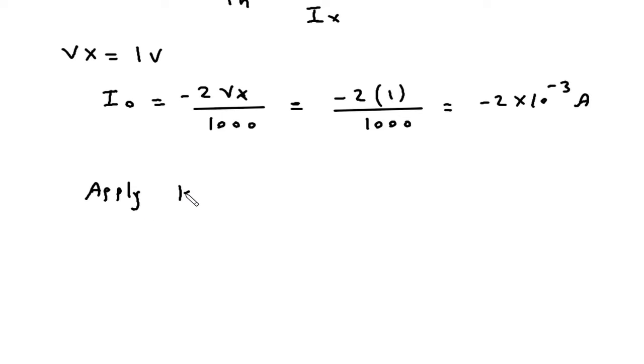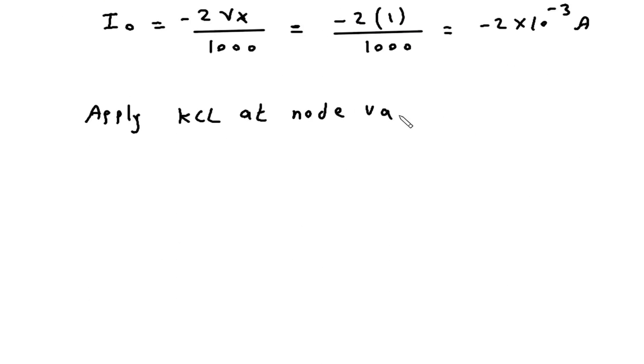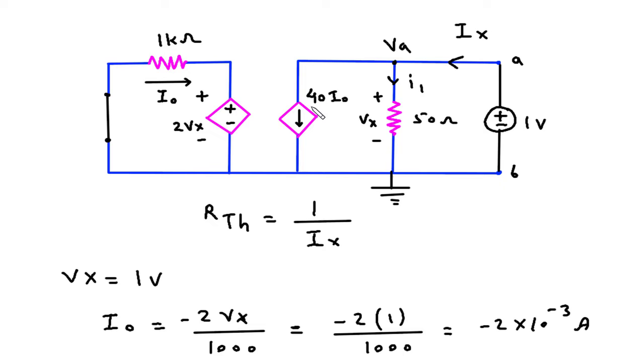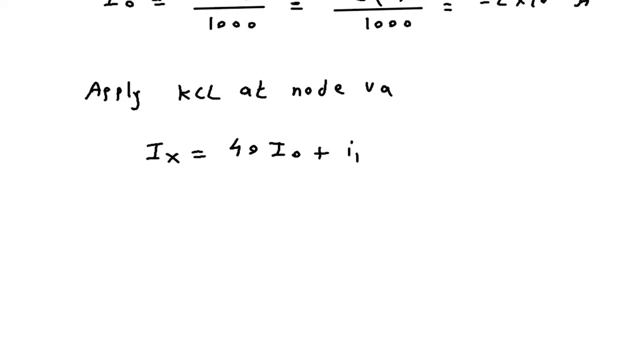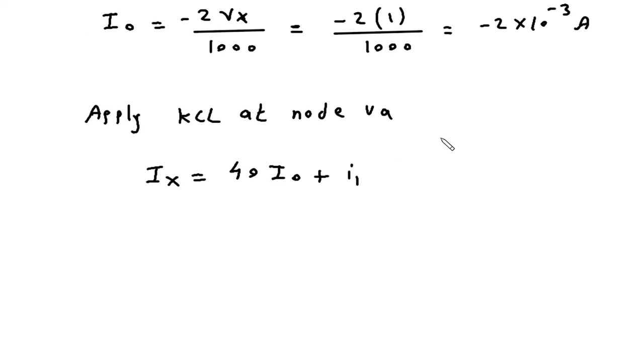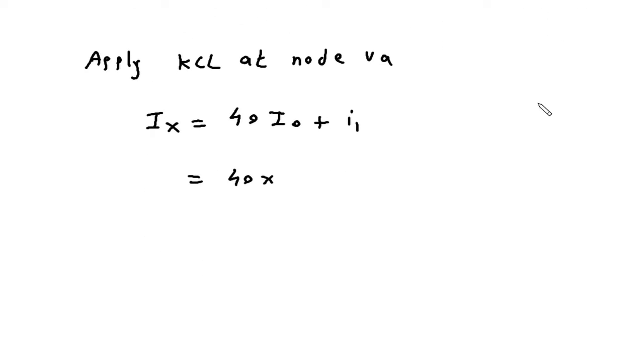The entering current at this node is Ix and the leaving currents are 40 IO plus I1. So Ix is 40 into IO, where IO is minus 2 into 10 raised to minus 3, plus I1.